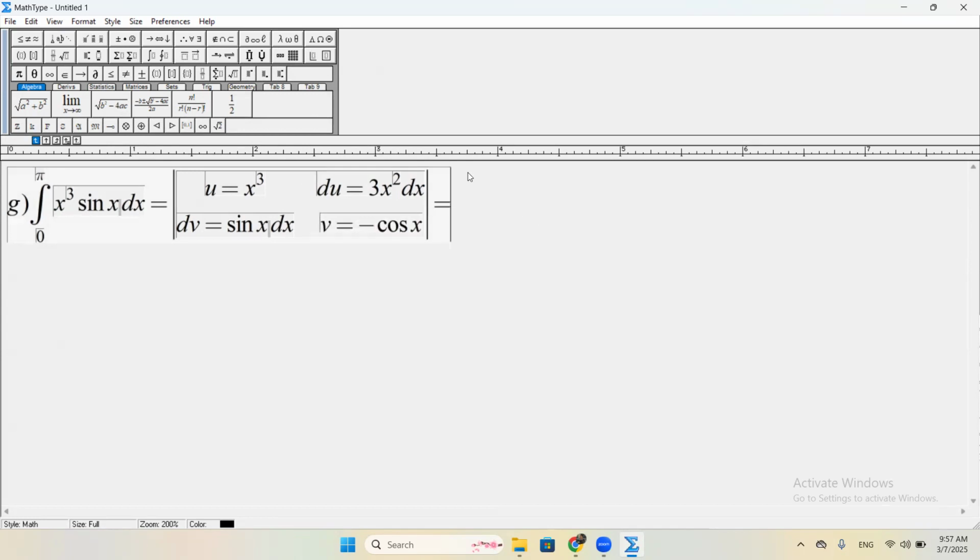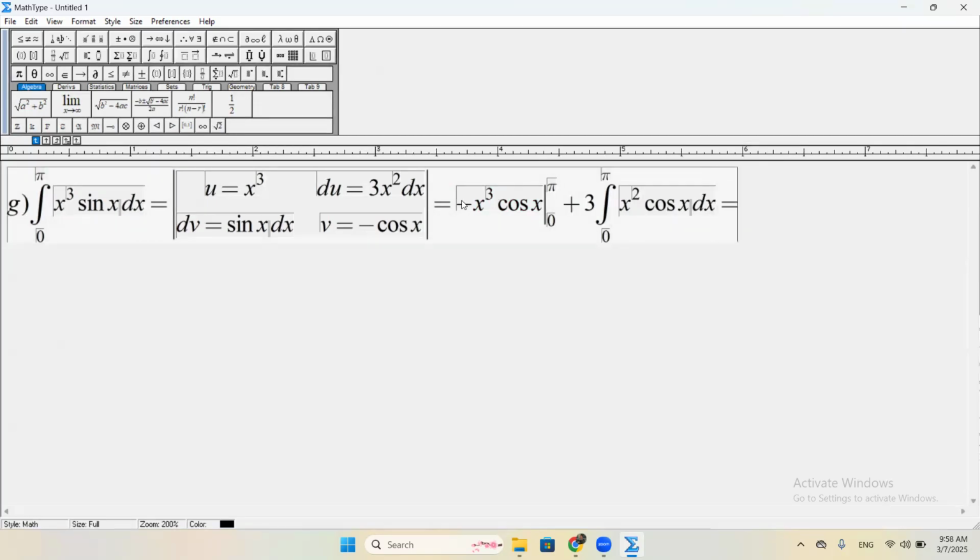Now let's apply the integration by parts formula. So minus x cubed cosine of x with substitutions from 0 to pi, and plus the following integral: 3 x squared cosine of x dx, from 0 to pi.